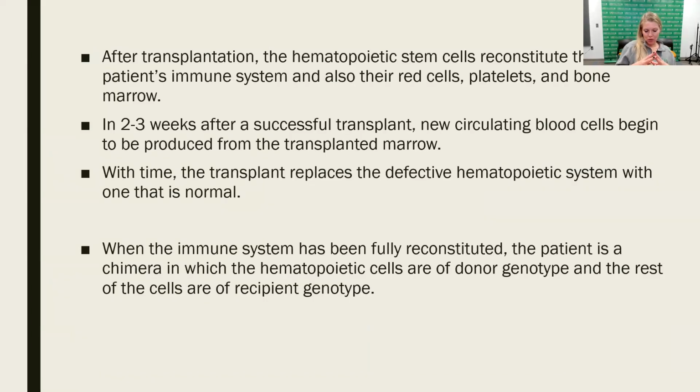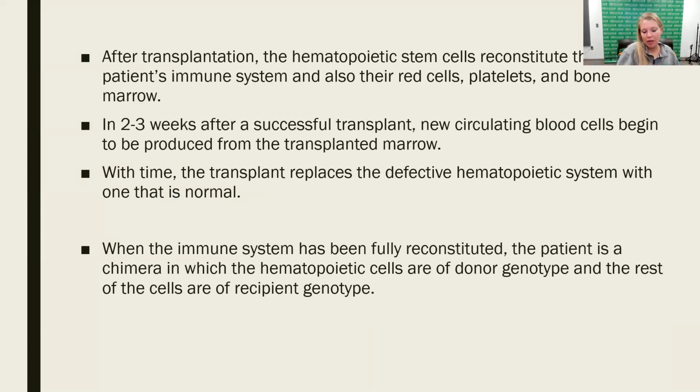After an individual has received hematopoietic stem cells, those stem cells will proliferate, go through the process of hematopoiesis, and make all new red blood cells, all new white blood cells, platelets, and bone marrow stromal cells.